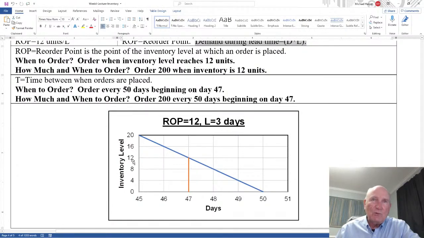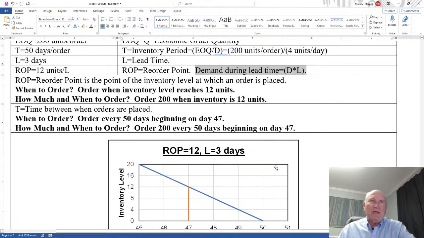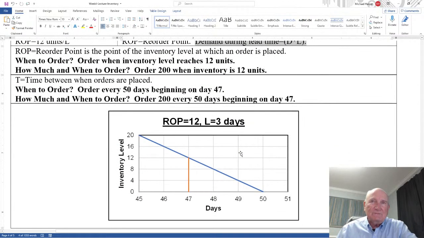That's equivalent to 12 items in my inventory. I place my order of 200 here. I receive my order of 200 right here, and then I do it again for the next period. Okay, so there's a concept. My ROP is 12, my lead time is 3 days. 1, 2, 3, 12. If I order my lot size of 200 there, I'll receive it in 3 days. Right when my inventory is 0, that's when I want to receive it.